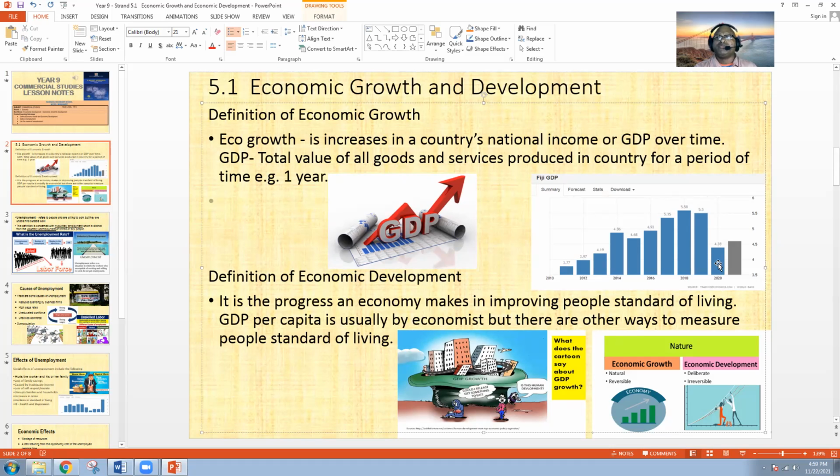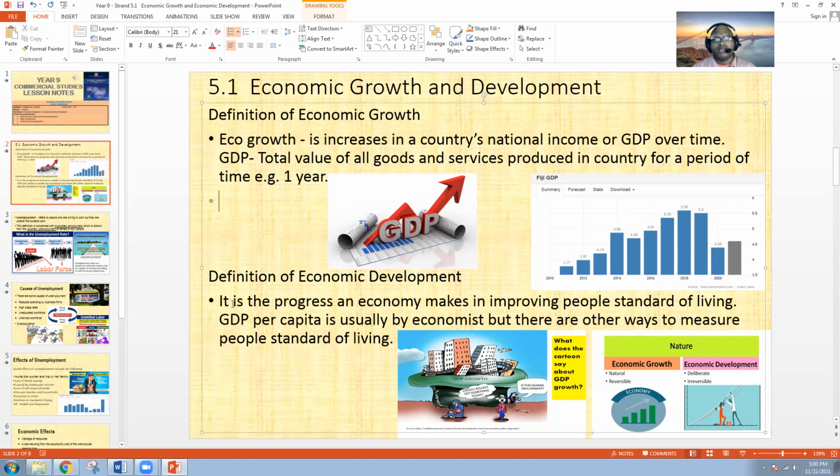On this graph, you will see that the GDP fell in 2020, mainly because of the lockdown during COVID-19. The definition of economic development is the progress of an economy. That means we have been having economic growth that results in the improvement of the standard of living for the people over time.